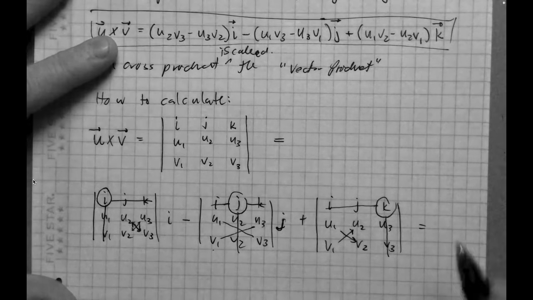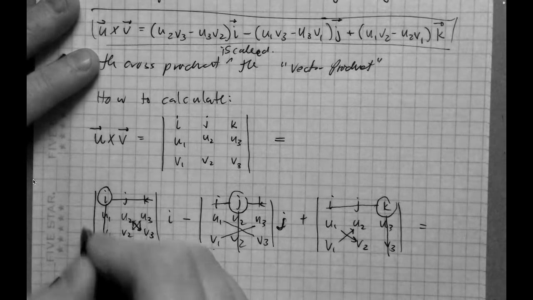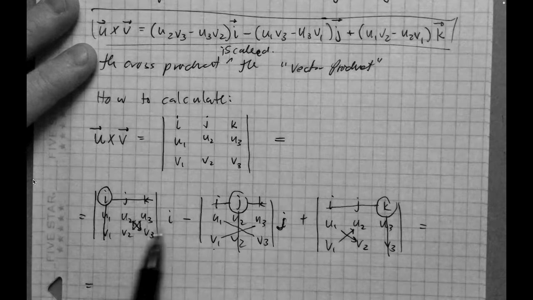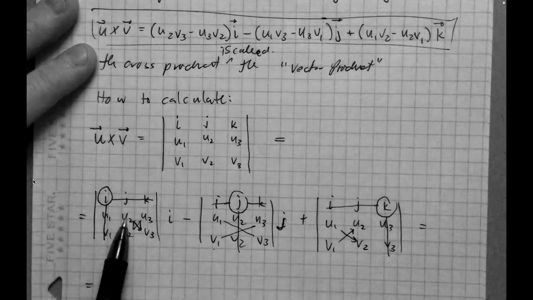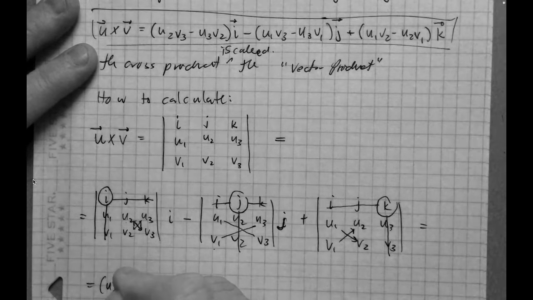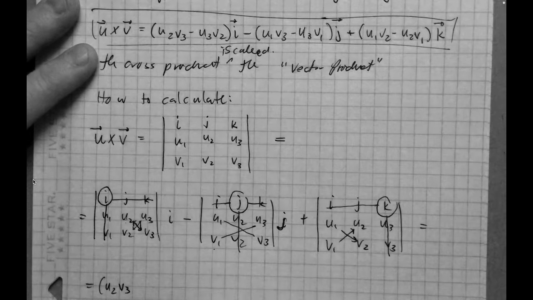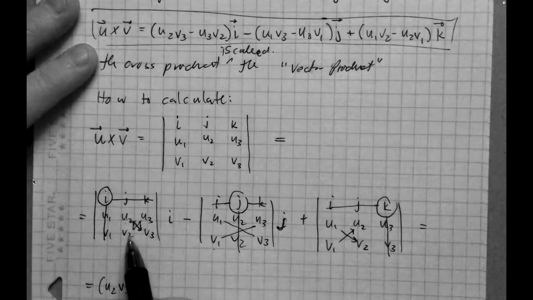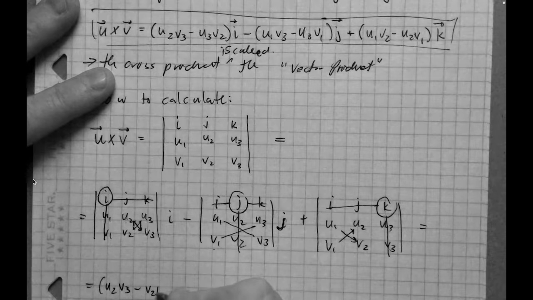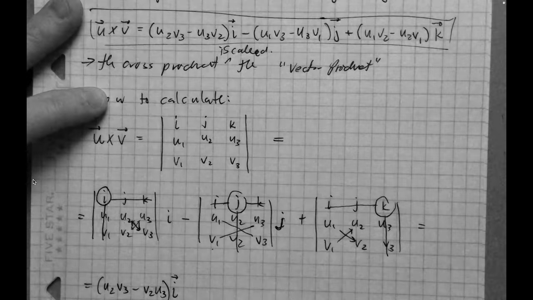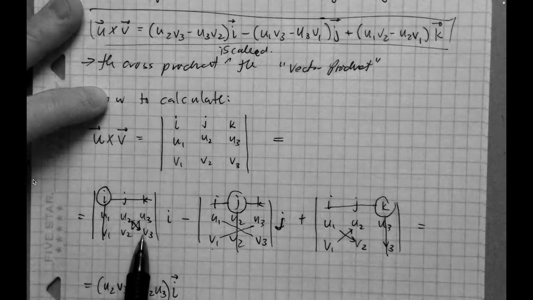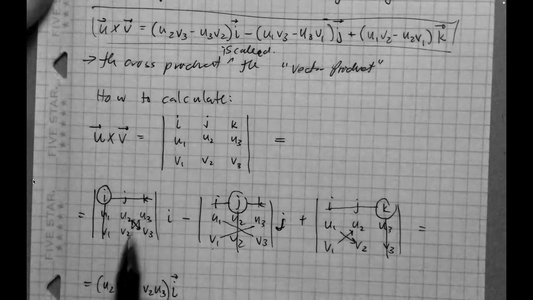And so what is that calculation? Here we want to multiply on the diagonals, so U2 times V3, and then subtract the other diagonal, minus V2 U3, times I. So you multiply these two together and then subtract from that the product of these two.